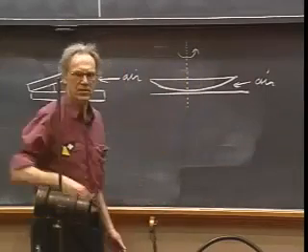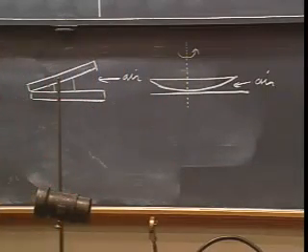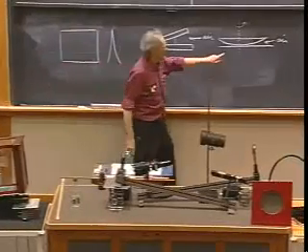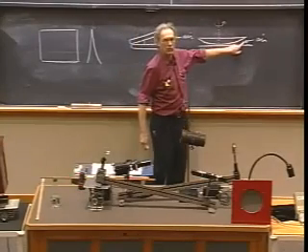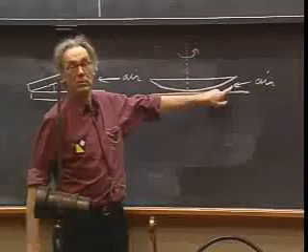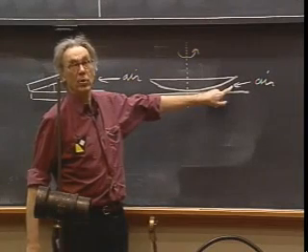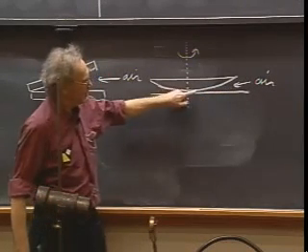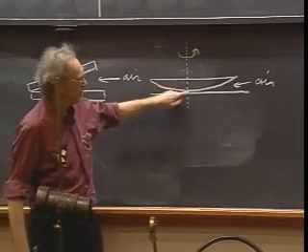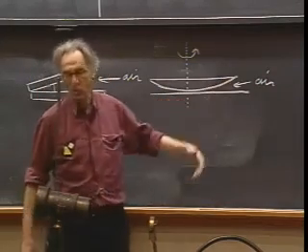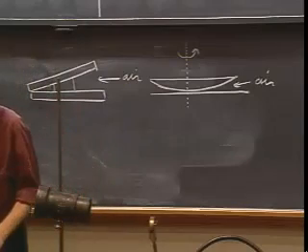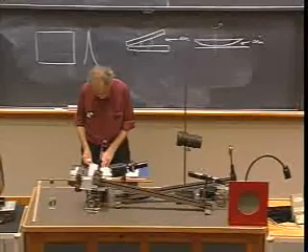You will see rings of darkness and rings of brightness. And these rings of darkness and brightness will be very far apart here, and they will be very closely together there. And this is part of your homework assignment to show that. And that has to do with the fact that the change here in thickness is very little because of the curvature, and the change here is much faster. These are called the Newton rings.